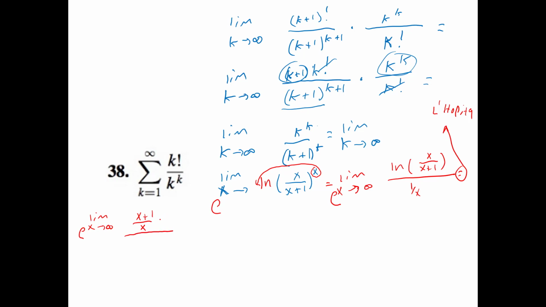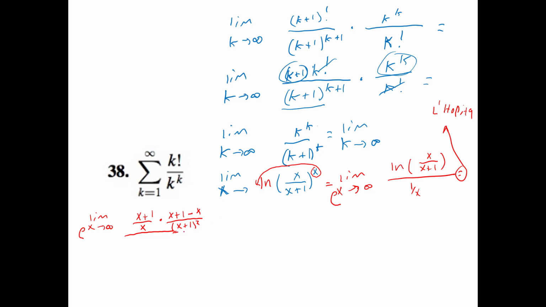But then we multiply by the derivative of the inside, which is a quotient, so we use the quotient rule: the derivative of the top, 1, times the bottom left alone, x plus 1, minus the derivative of the bottom, 1, times the top left alone, x, all over x plus 1 squared.